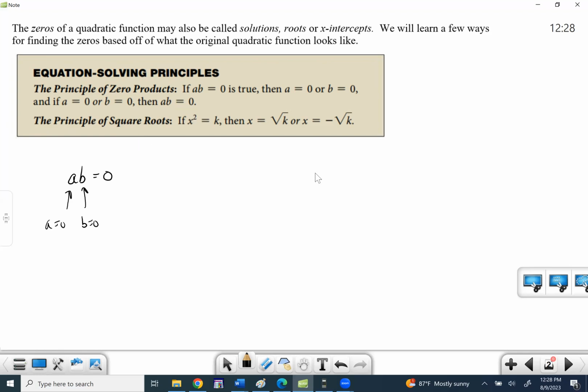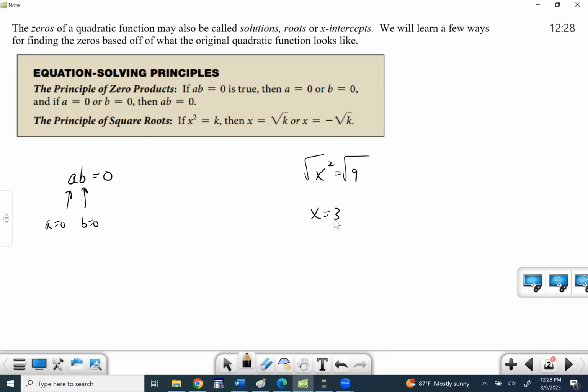Okay. And then the other principle that we'll be using is the principle of square roots. So, for example, if you have something like x squared equals, let's say 9, well, we're going to square root to undo the squaring. Those are inverses of each other. Now, the main mistake I get is I get 3 on the next line, and that's technically wrong.